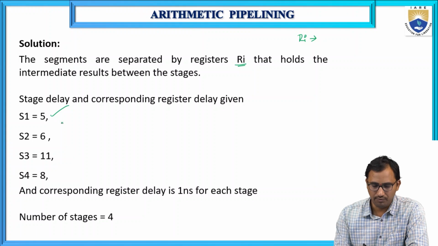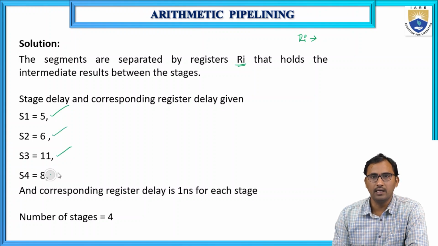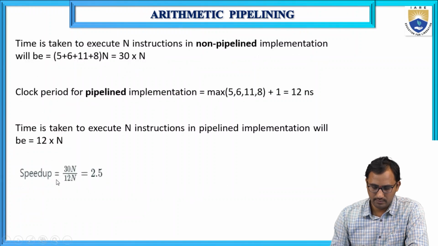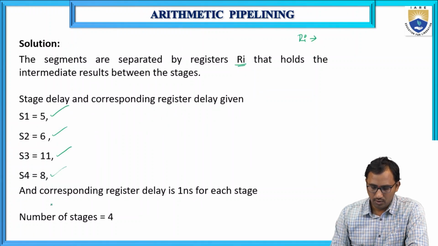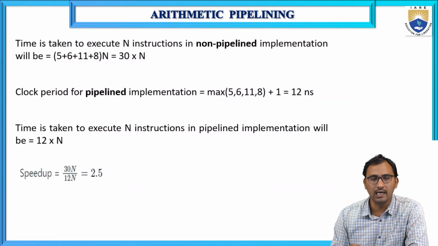For stage 1, 5 nanoseconds, 6 nanoseconds, 11 nanoseconds and 8 nanoseconds. And the corresponding register delay is 1 nanosecond for each stage and the total number of stages are 4. So using this information, we can calculate the speed up factor.